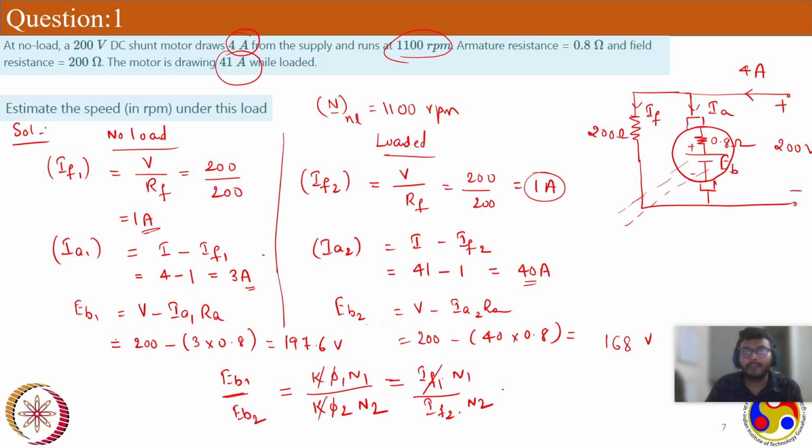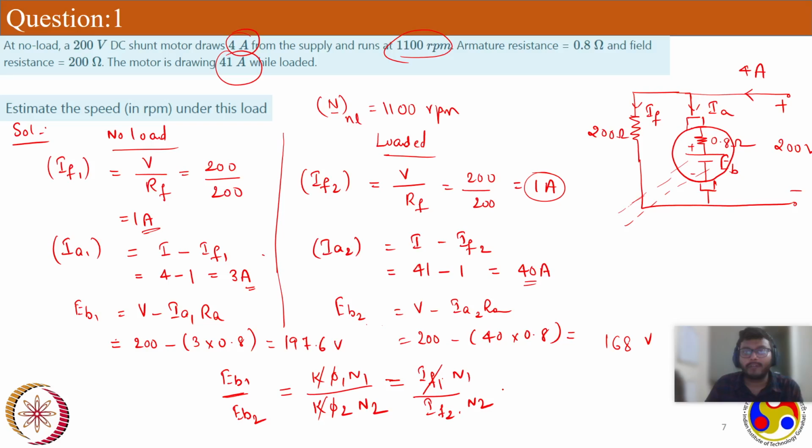Yeah, 935.22. You are right. Please, other students also tally with the answer. Okay, thank you. 935.2. Great. So that's how you calculate any kind of loaded condition for any kind of operating conditions.